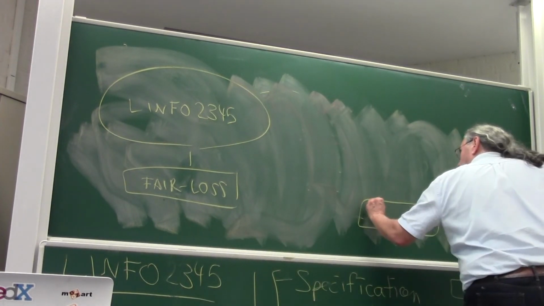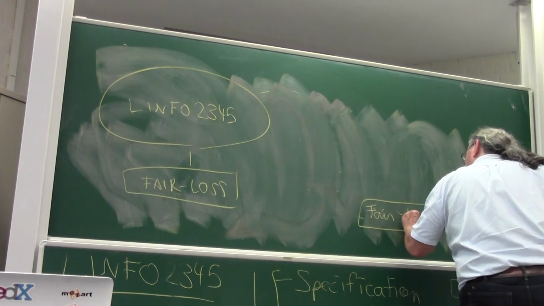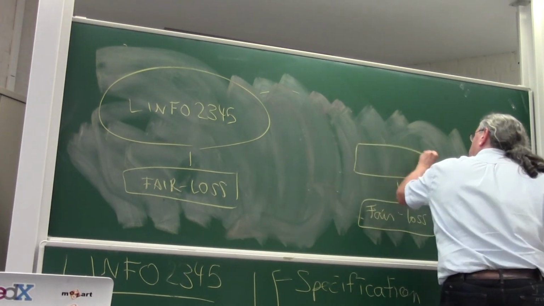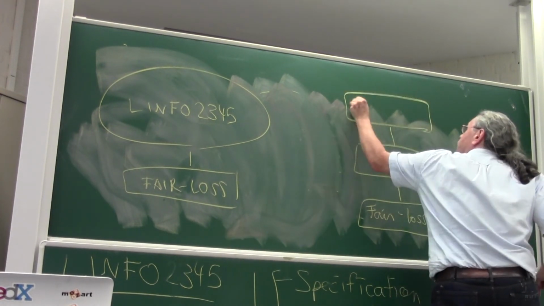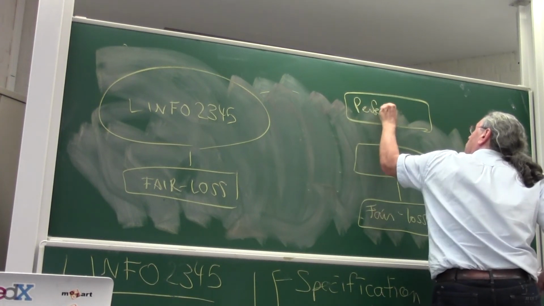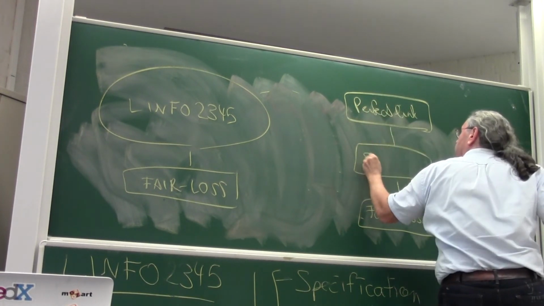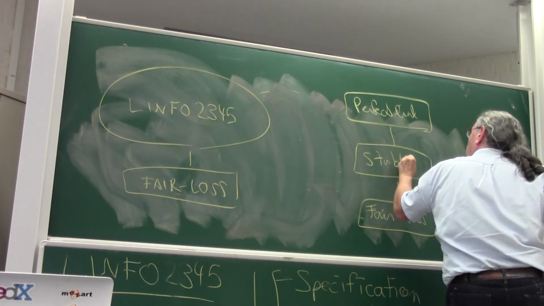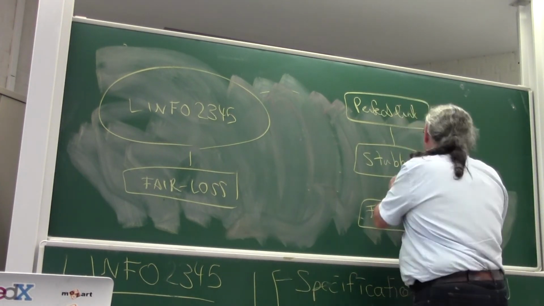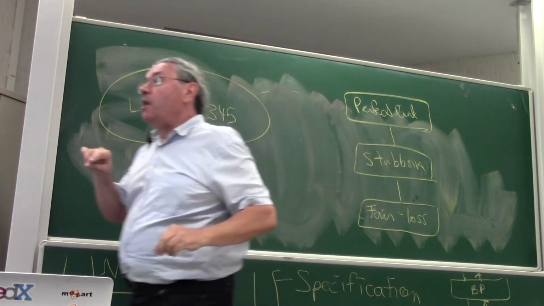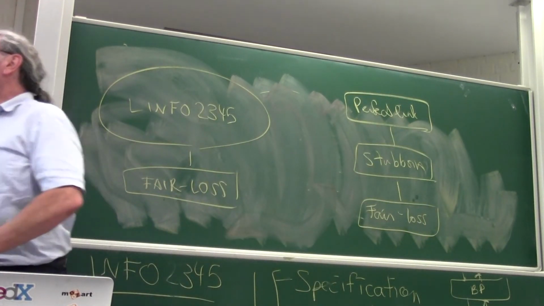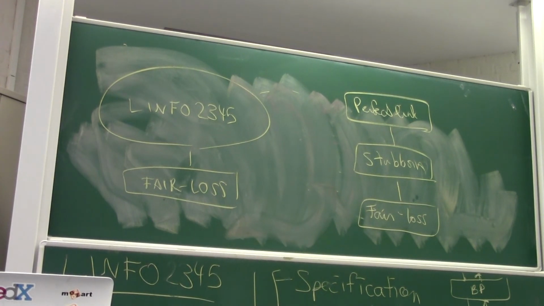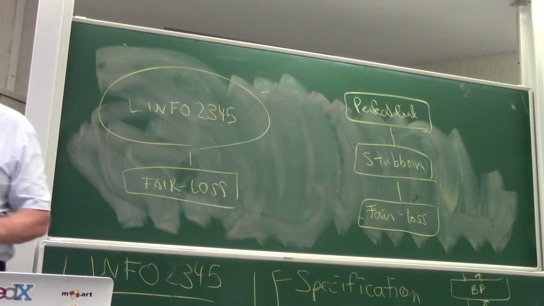The fair loss is like the underlying layer. This is the assumption. And the one that I really want to show you is the perfect link. And for some interesting reason, it's nice to have an intermediate layer called stubborn links. So I'm going to show you code with an abstraction with 3 levels here. A stubborn link is whenever I send a message, it's delivered infinitely many times. Kind of weird, but at least the code is very simple when I do that.